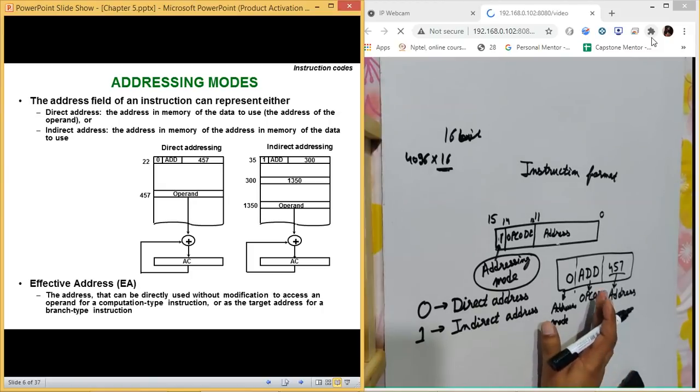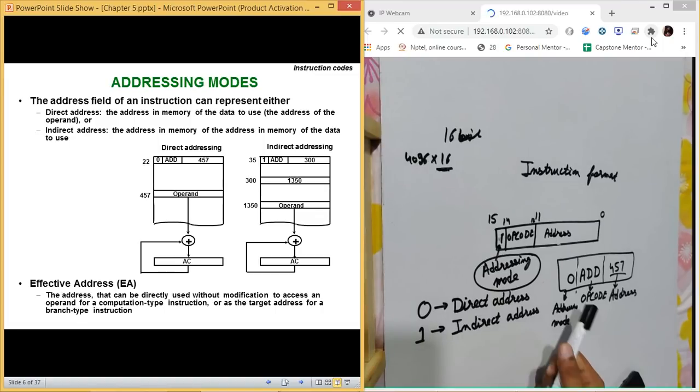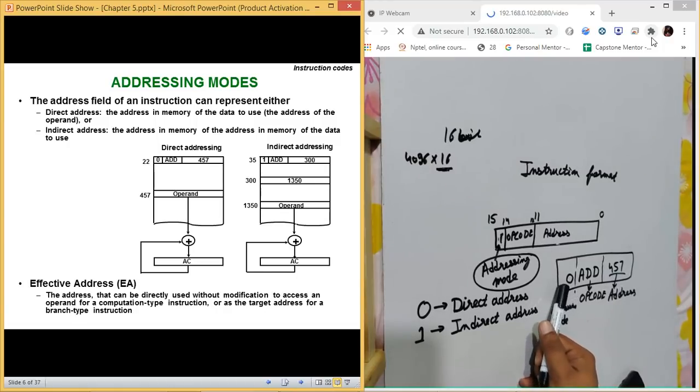To identify whether it is a direct or an indirect address, I need to pay attention to this place, whether it is 0 or 1. If it is 0, it is a direct address. If it is 1, it is an indirect address. The direct or indirect type is identified by the value we have in the most significant bit.